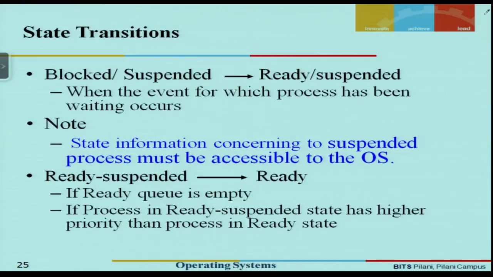So the OS would need to know which process is in which particular state, including the set of processes which are in a blocked suspended state. Even though these processes are not in memory, the OS would need to maintain information about suspended processes.